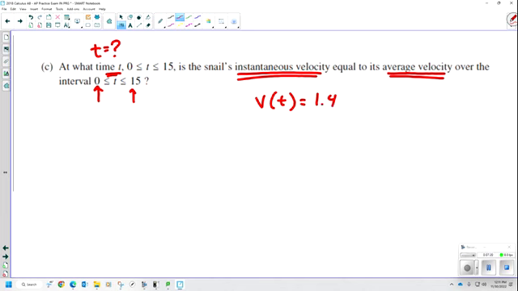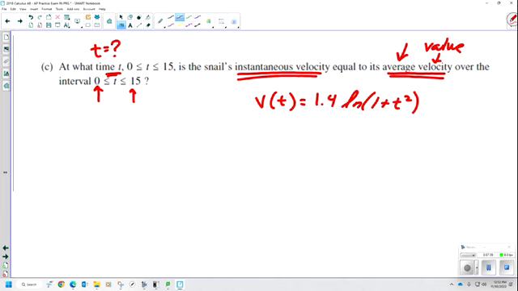Okay, it's 1.4 ln of 1 plus t squared. They give you this velocity. You have the equation that you need to find the average of. You need to find the average value of the given velocity in this case. You don't have position and you're trying to find velocity.